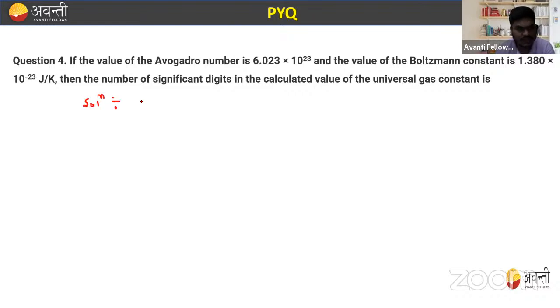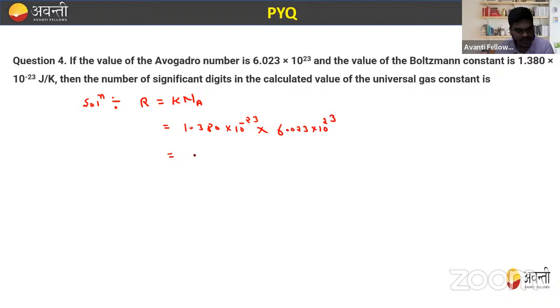We know that the universal gas constant R is equal to k into Na, that is Boltzmann constant into Avogadro number. Now what is k here? k is already given: 1.380 into 10 raised to the power minus 23. What is Na here? 6.023 into 10 raised to the power 23.